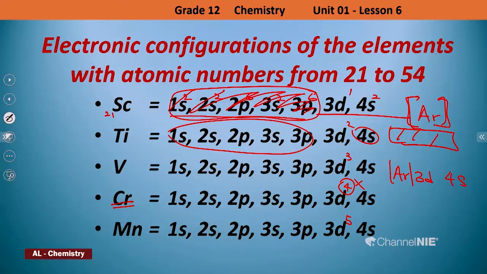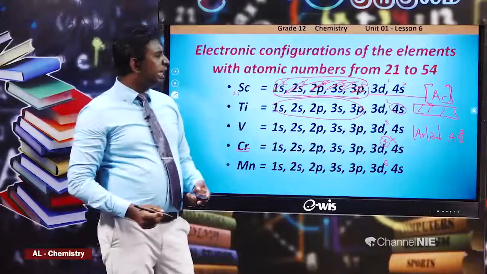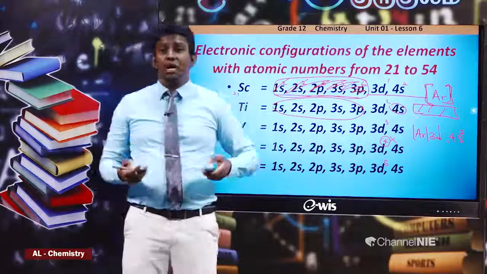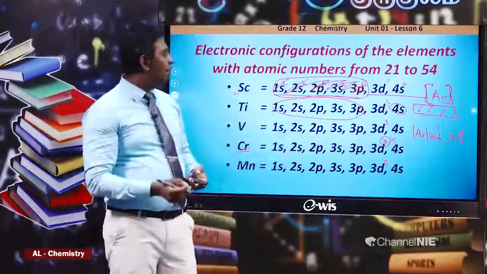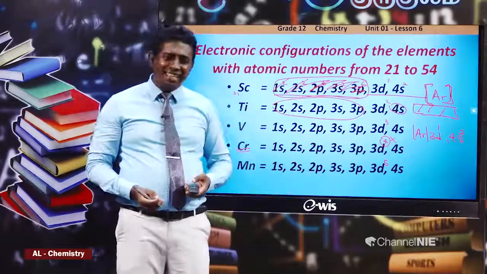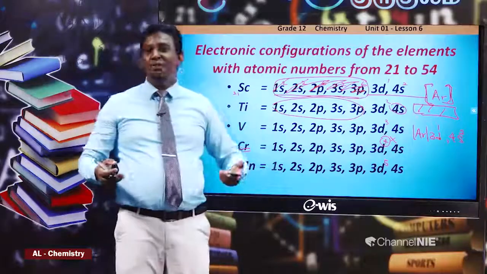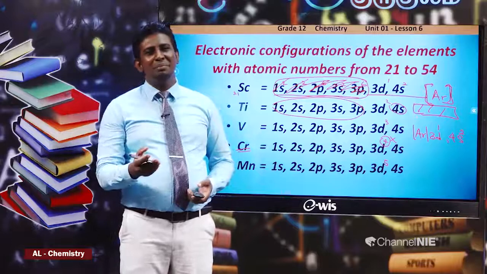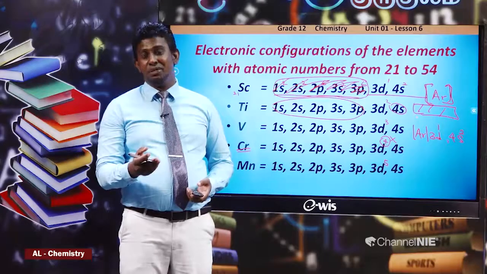You fill 2 with 4s and you fill 1 on 3d if it is scandium. Then you keep filling 3d: scandium 3d1, titanium 3d2, vanadium 3d3. Then it's manganese 3d5. What about chromium? Regarding chromium, there is a deviation followed.